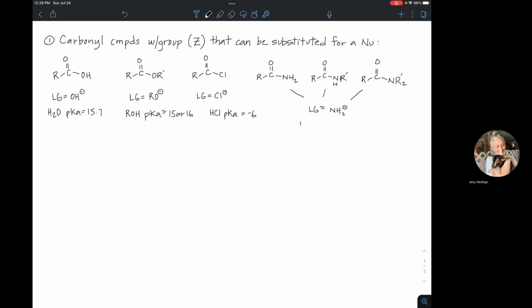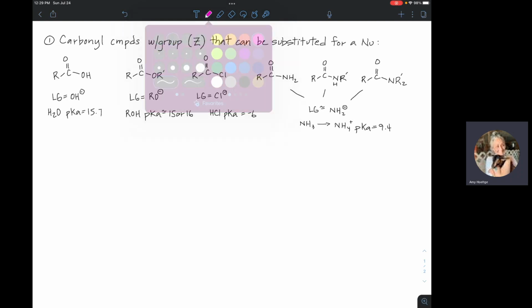Ammonia would be the conjugate acid, but that's a weak base. If we protonate that, we have the ammonium ion. So if you want to talk pKa values, the ammonium ion has a pKa of 9.4. So I should write down here, this will be special for us. These are fairly unreactive.